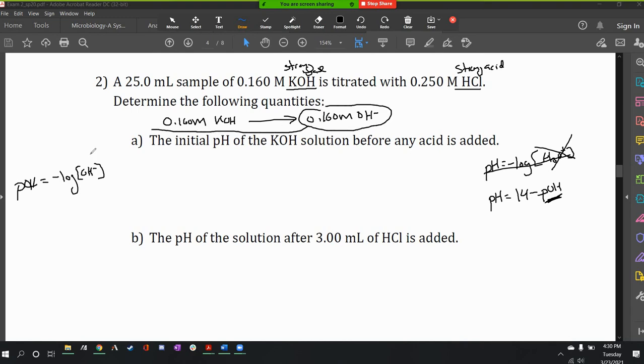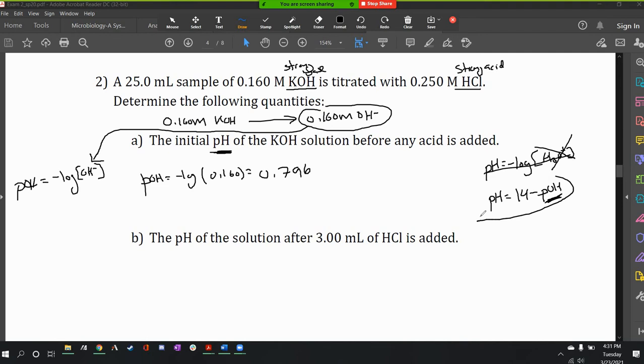So I can then plug that right here, and I would do pOH equals negative log of 0.160, and I get a pOH of 0.796. All right, but I'm not done yet, because they said find the pH, not the pOH.